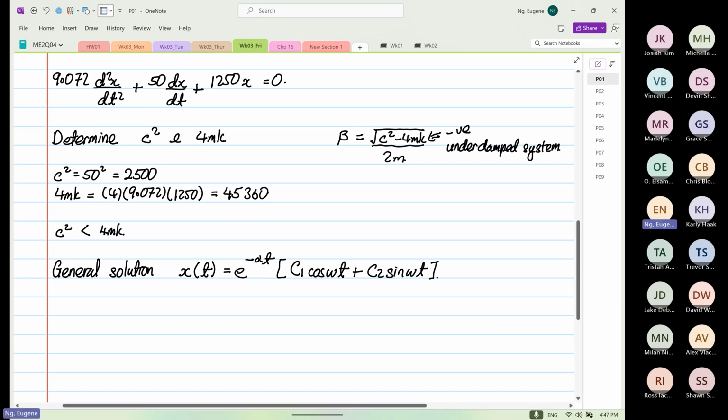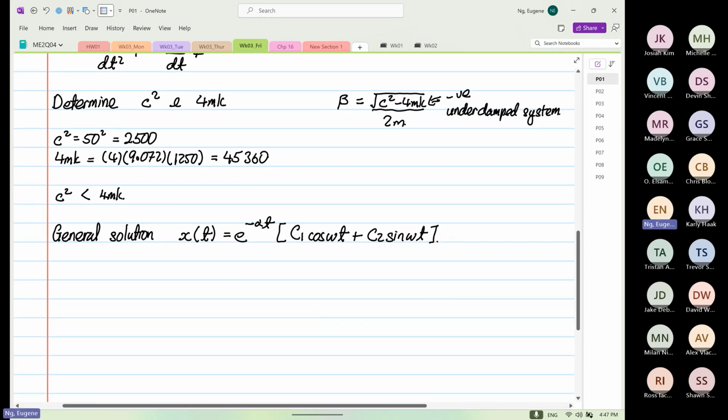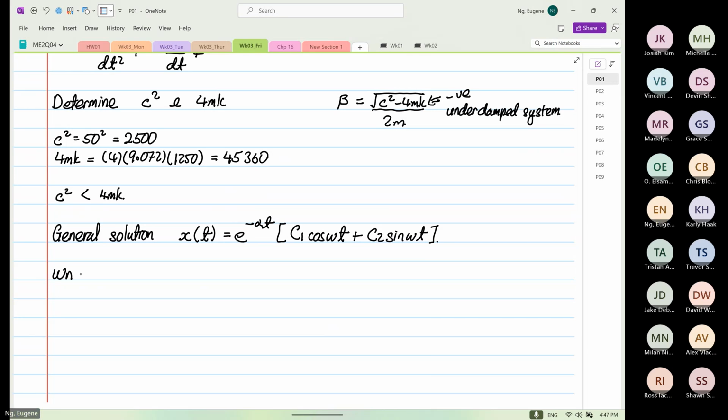At the same time, I'll do a very quick revision for you guys. The first thing that we can figure out now is our omega n. Omega n is equal to the square root of k over m.